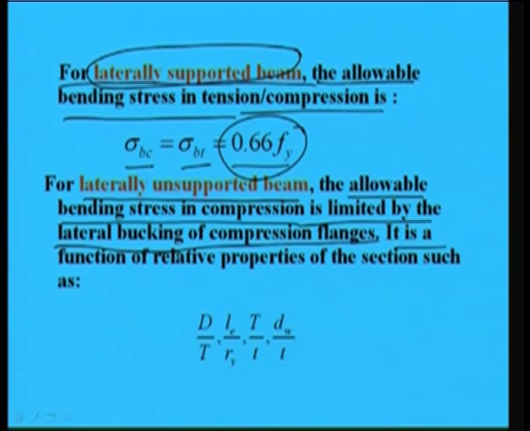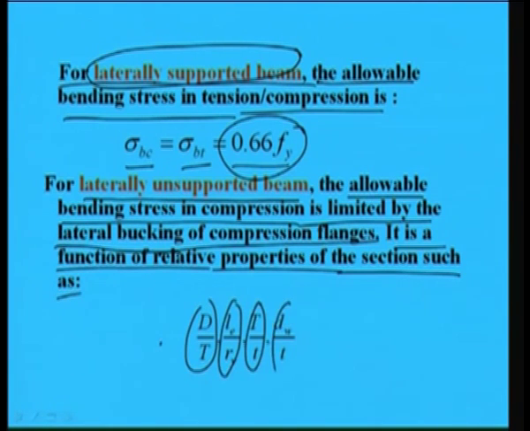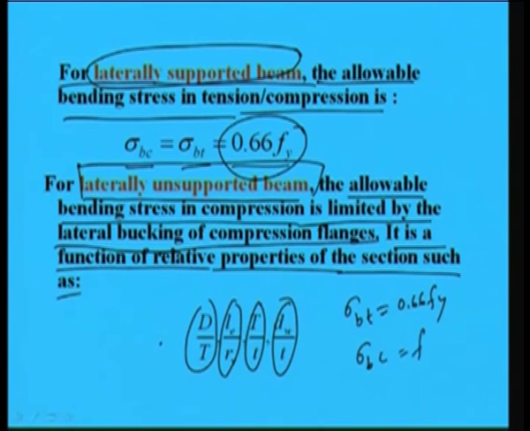It is a function of relative properties of the section such as d by t, Le by ry, T by t ratio and dw by t ratio. These parameters I will come to later. So what I am saying here is that in the case of a laterally supported beam, sigma b t will simply be 0.66 f y, but sigma b c will be a function of some parameters.